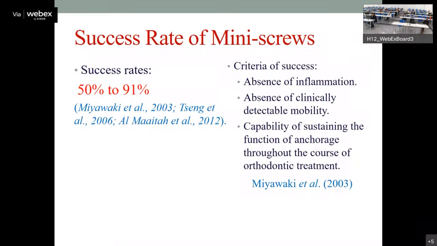The success rate for microscrews has been reported to be between 50% to 90%. They consider it successful when there is no source of inflammation, there's absence of clinically detectable mobility, and when the microscrews are capable of sustaining the function and the anchorage throughout the course of treatment.